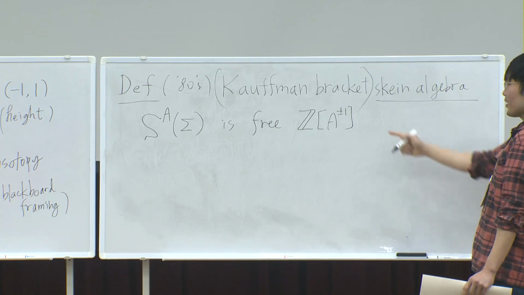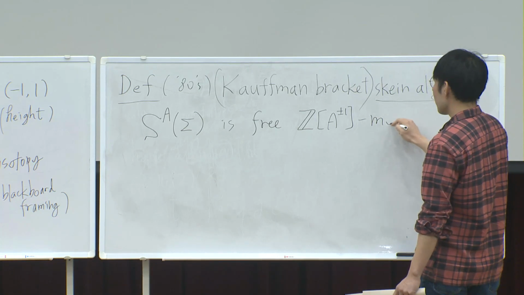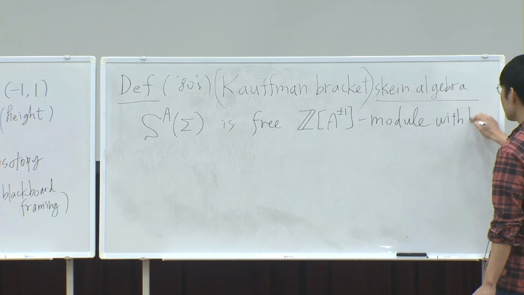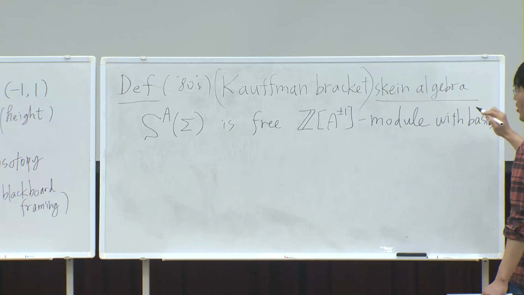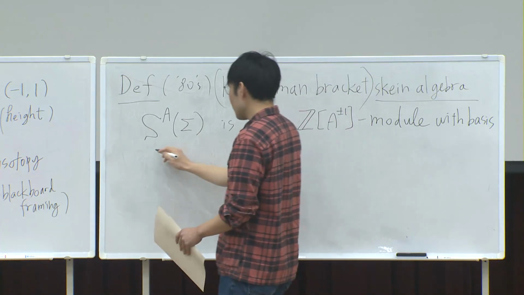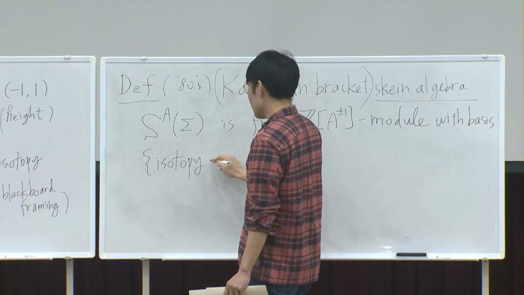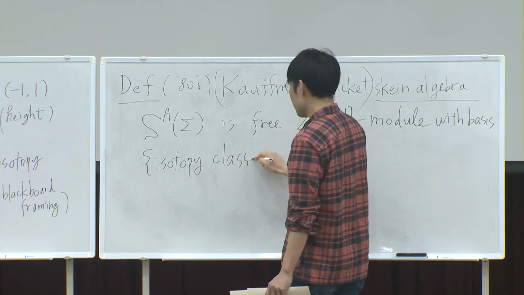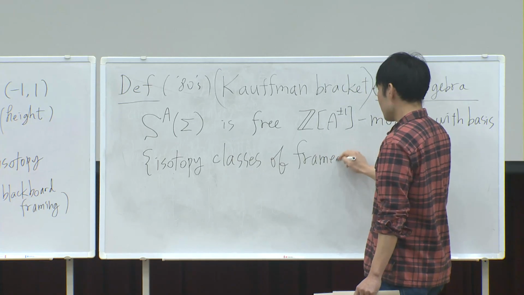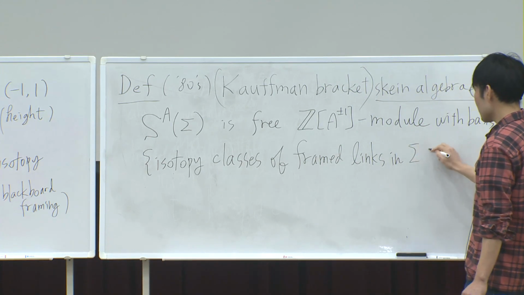The Laurent polynomials in A with integer coefficients. You take the free module over this coefficient ring with basis being the set of all isotopy classes of framed links in this thickened surface.